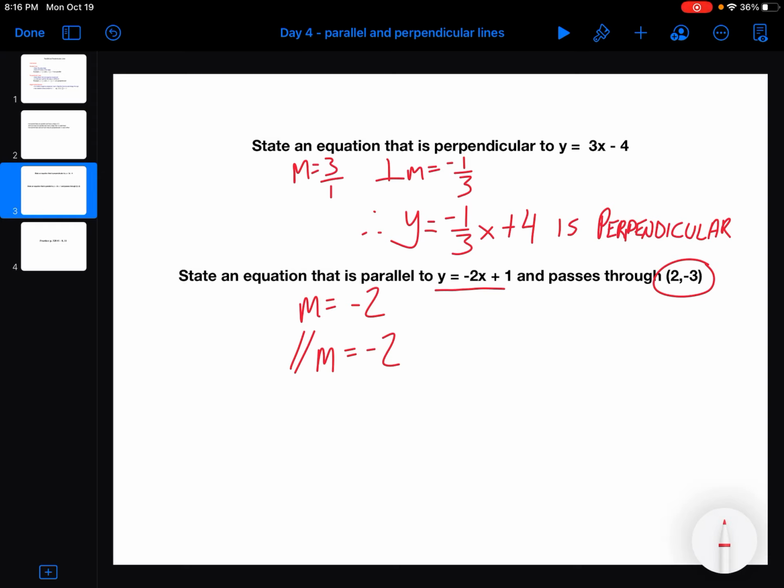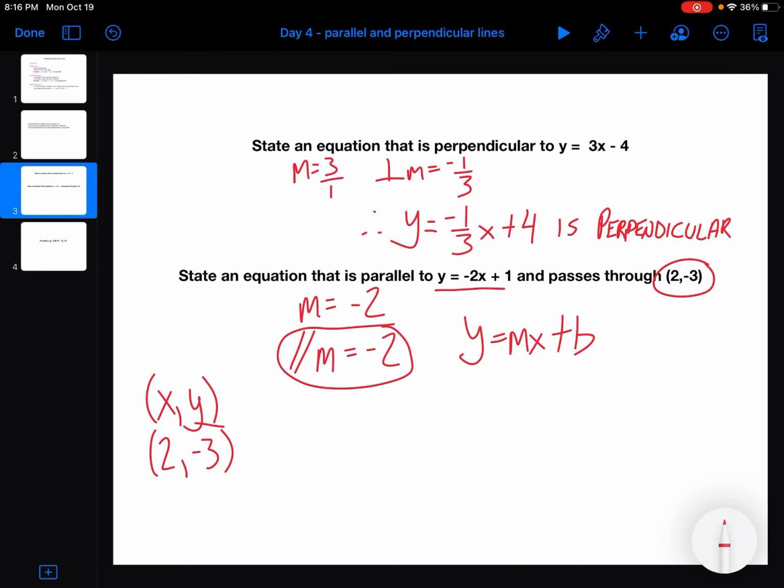Now we know that all of our points are always given in x, y. This point is 2, negative 3. We know the equation of a line is y equals mx plus b. We know our m. We know x and y, so we can find b.